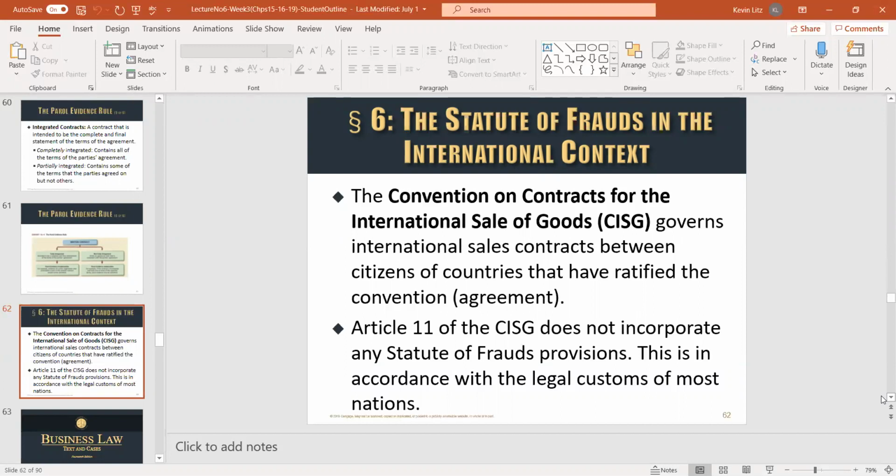This convention applies, and basically it's the Uniform Commercial Code, which had all these laws you might remember on how to interpret contracts. The Uniform Commercial Code is only the U.S., so this is actually the equivalent in international sales. So if your country is one that signed off on this convention or treaty, then this will apply if you haven't otherwise said it doesn't apply or if something is missing.